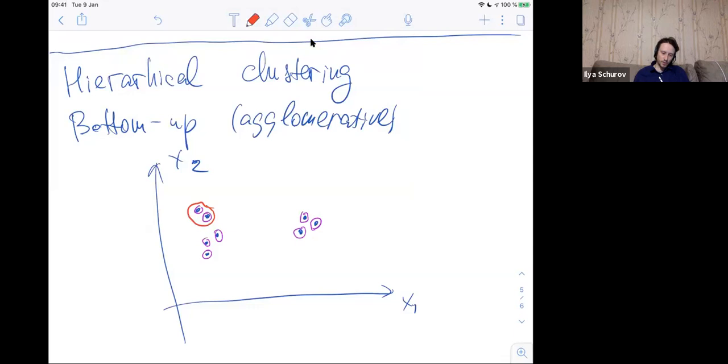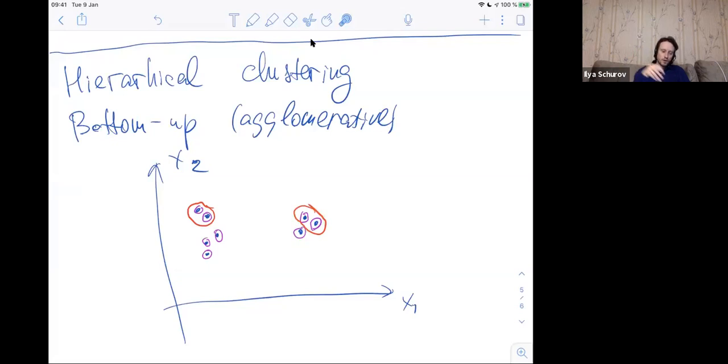And then we continue. For example, on the next step, we can unite these 2 points. And sometimes we can say that we have to unite, for example, this cluster and this cluster. So we can merge different clusters. We have to define how to measure distance between clusters, but after we did it, we just do a very simple thing.